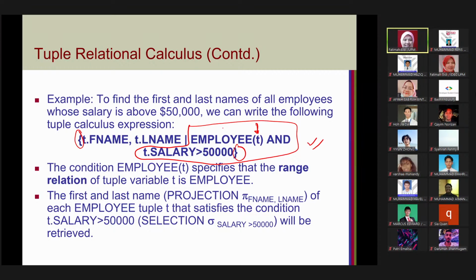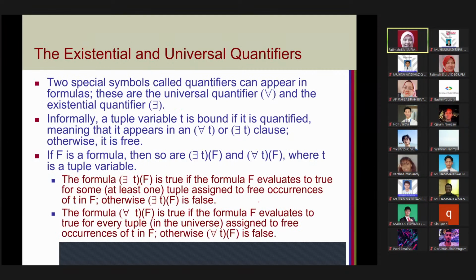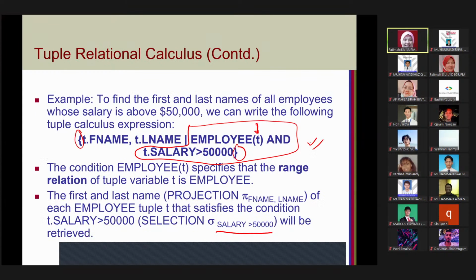So the first and the last name is the projection: projection by Fname, Lname of each employee tuple T that satisfies the condition T.Salary more than 50K, where we write the selection in this form in relational calculus. Okay, this is the example of it. This is how you write it.